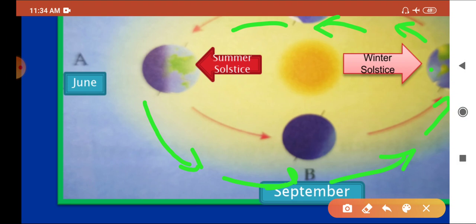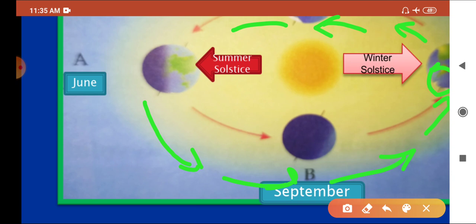So this time, this southern hemisphere means it is facing the sunlight. This part is facing sunlight, whereas the northern hemisphere is not receiving light.